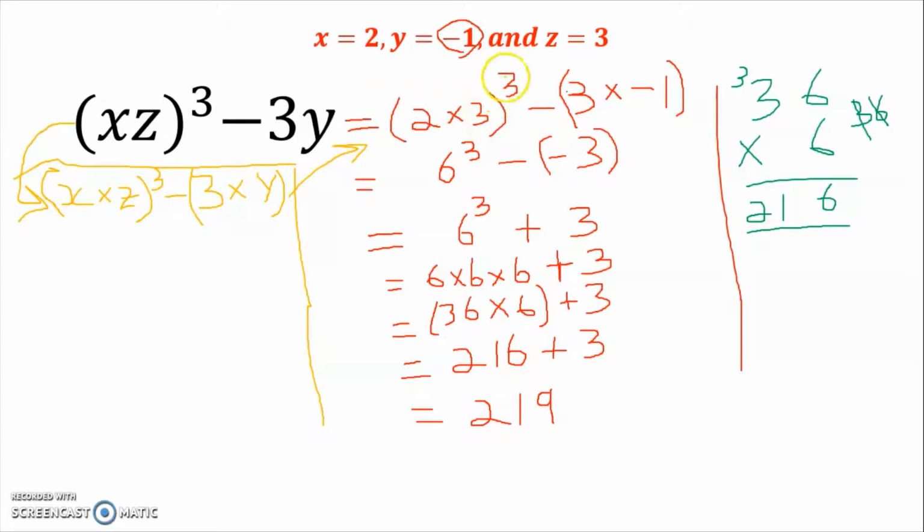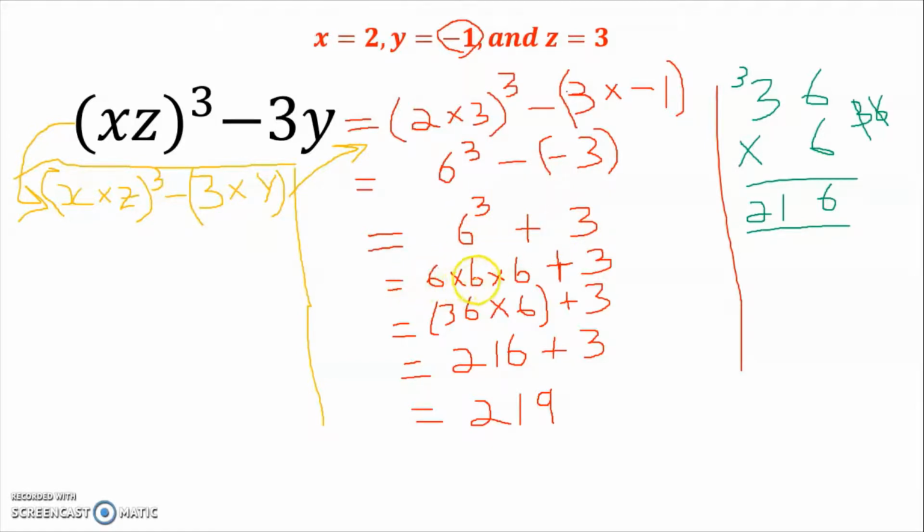Then we bring back the cube. Subtract 3 times negative 1, because we remove the y and introduce negative 1. So 2 times positive 3 is 6, and then we bring down the cube. Subtract 3 times negative 1, which is negative 3. A negative times a negative is a positive, so we get 6 cubed plus positive 3.